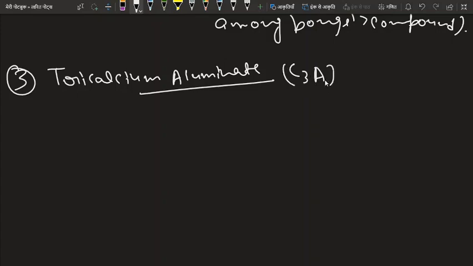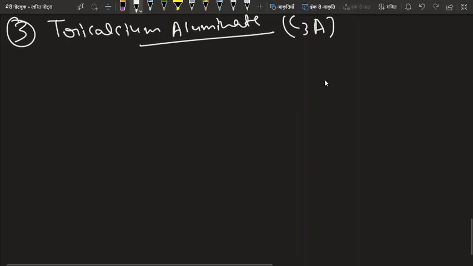Okay, so C3A is also called celite, and its presence is about 5 to 11%. Properties: one of the basic and important properties, it is responsible for quick setting and early setting.